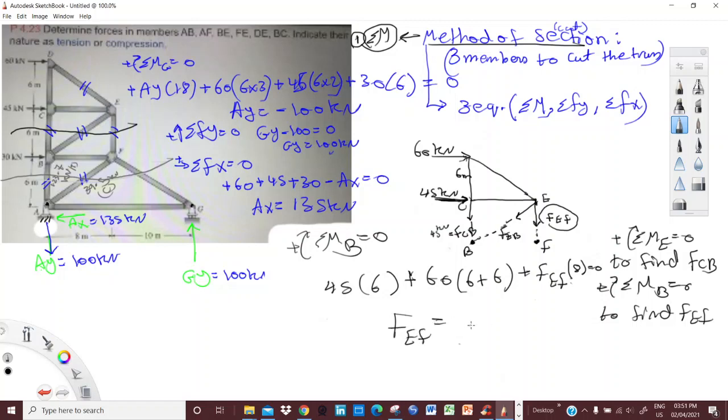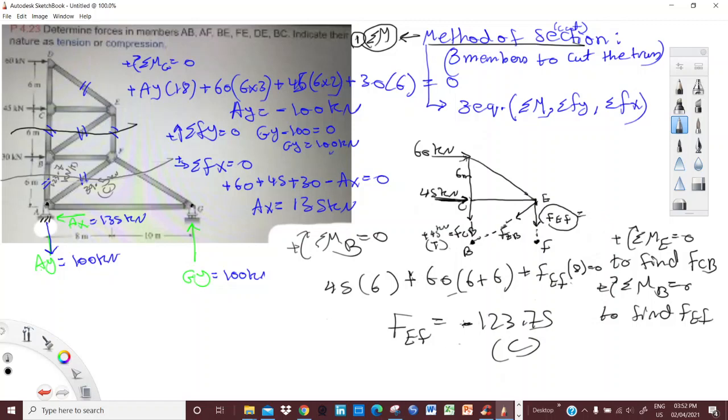It is going to be equal to negative 123.75, compression. So just write it as negative. Since we found FCB is 45, positive, I write tension.